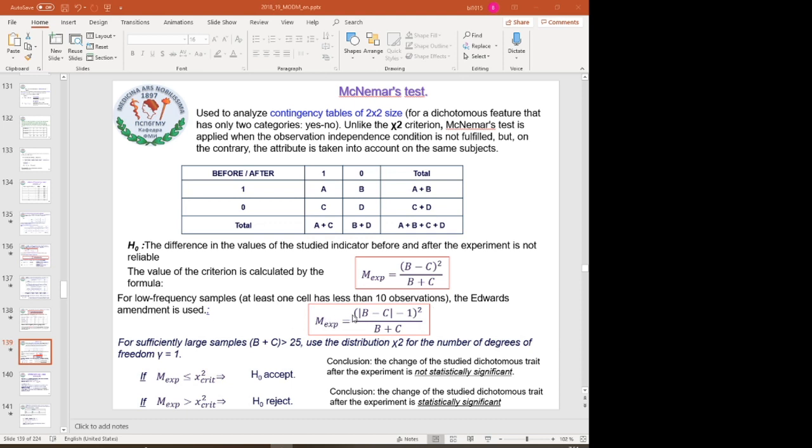The Edwards correction is subtraction of 1 from the difference between B and C.